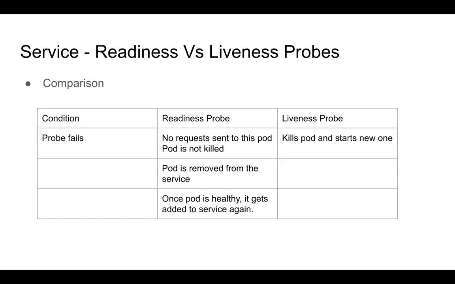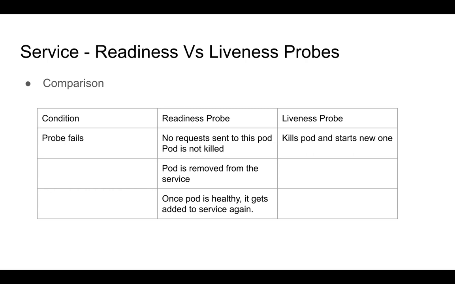So what is the difference between the readiness probe and the liveness probe? If the readiness probe fails, no request is sent to this pod. The pod is not killed. It will be removed from the service till the pod becomes healthy. Once the pod is healthy, it will get added to the service again. Sometimes a pod is starting up, or some temporary error has happened in your pod and it's not ready to accept connections.